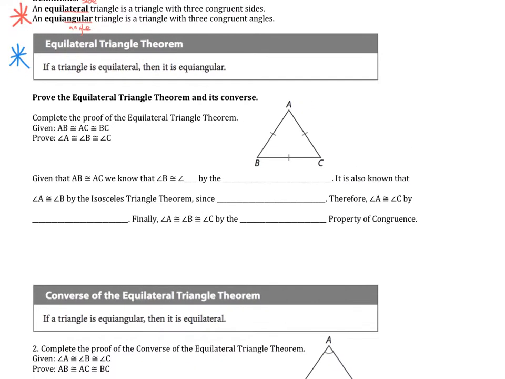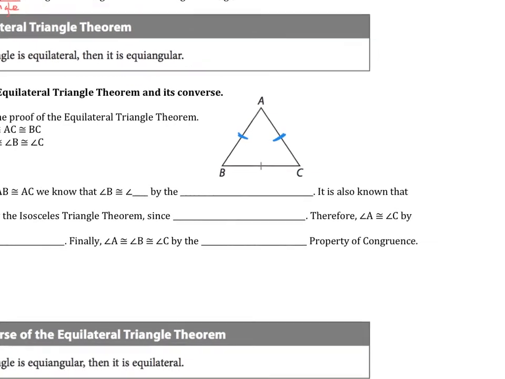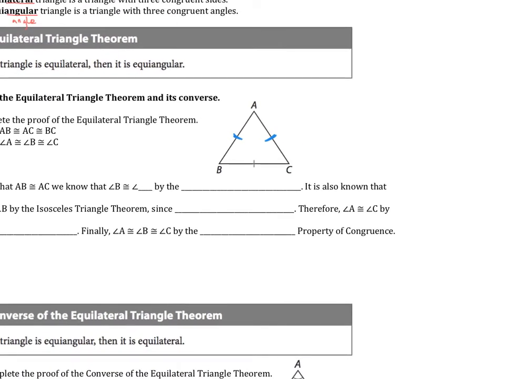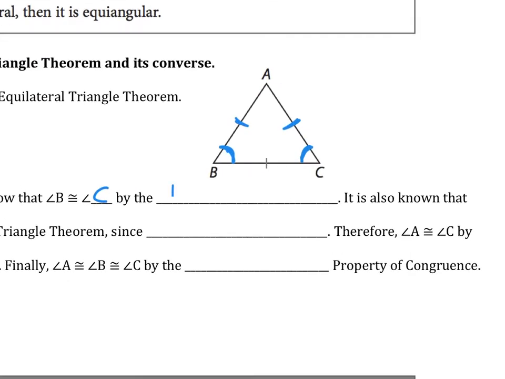we have a paragraph proof here. So given that AB is congruent to AC, we know that angle B has to be congruent to angle C. And that was by our theorem on the previous page, our isosceles triangle theorem.